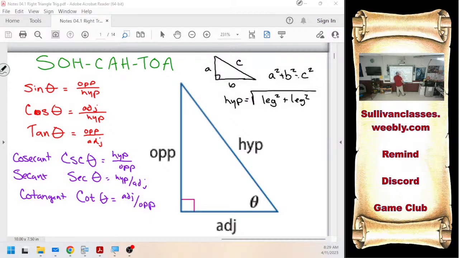If I'm trying to find a leg, I would have to subtract from the hypotenuse, getting hypotenuse squared minus leg squared. It's just shorthand. You are not going to see me write out Pythagorean theorem and then solve for missing side. I am just going to write it as square root of this plus or minus that answer.